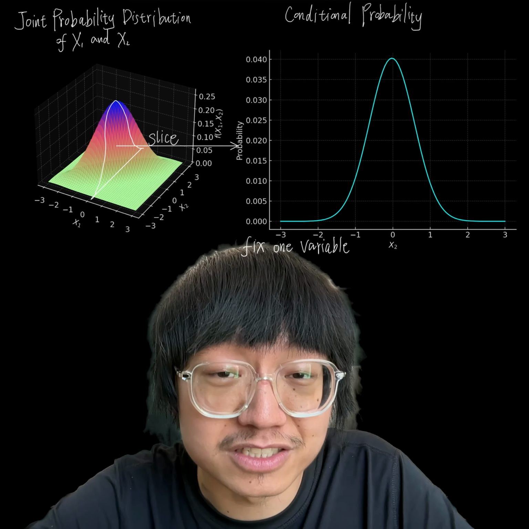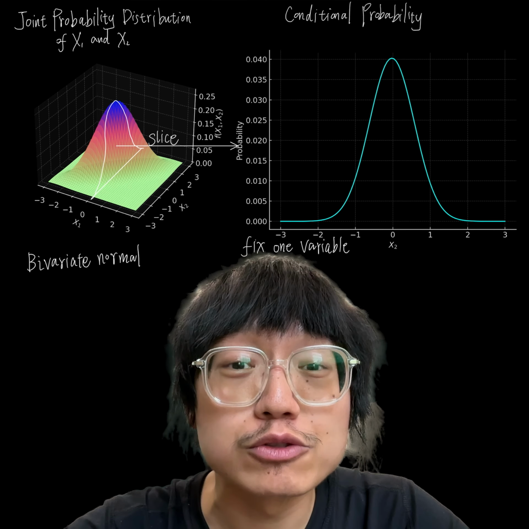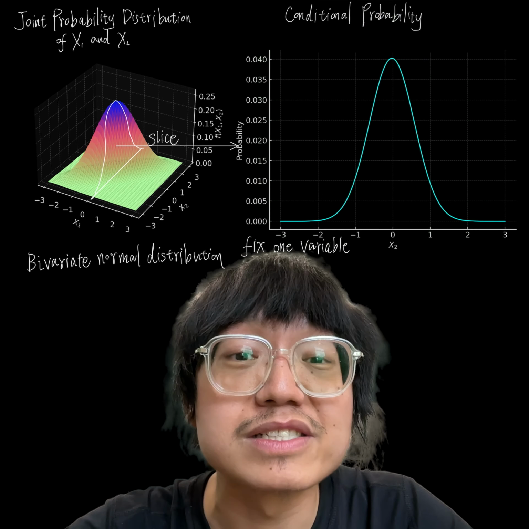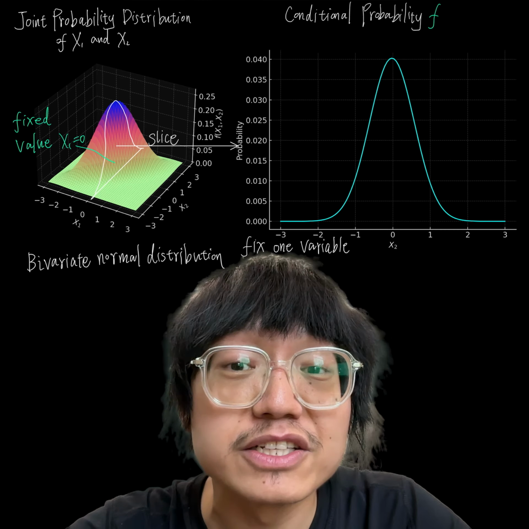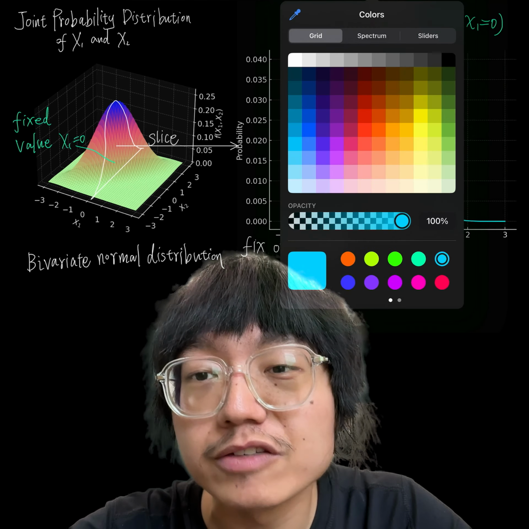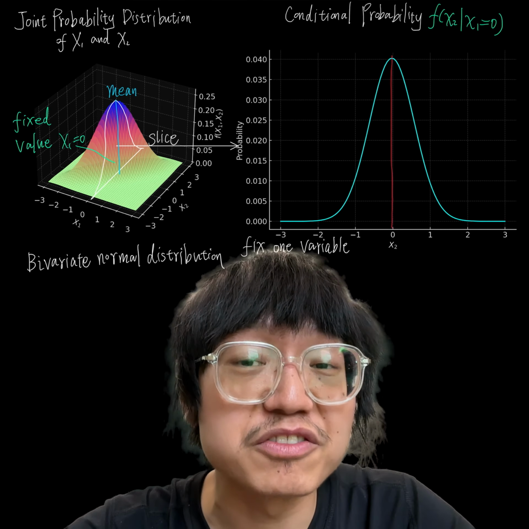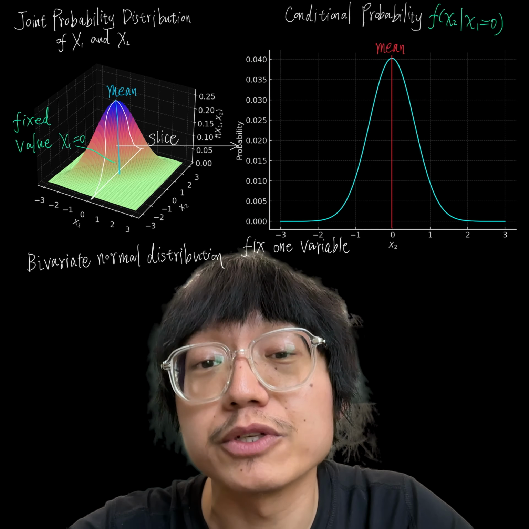value of the other. This is a bivariate normal distribution as our joint distribution for two variables x1 and x2, and we slice through x1 equals 0, and we visualize the conditional probability distribution of x2. So we use x1 and x2 with a defined mean and covariance that shows some correlation between them.